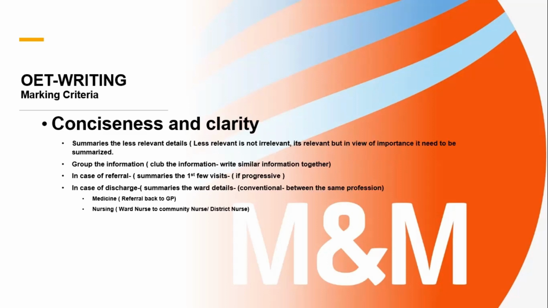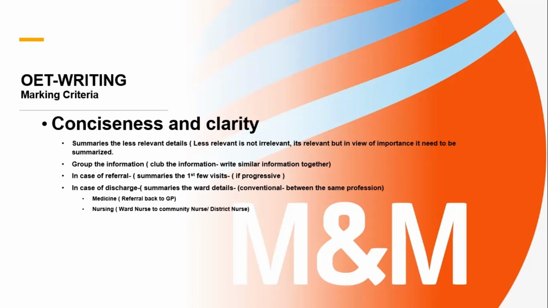Conciseness and clarity mean that you should follow the guideline, such as we have to write 180 to 200 words. In that particular window, you have to compile your letter. But 180 to 200 words does not mean to miss something important. You would be concise in your writing if you have not written irrelevant detail, number one.